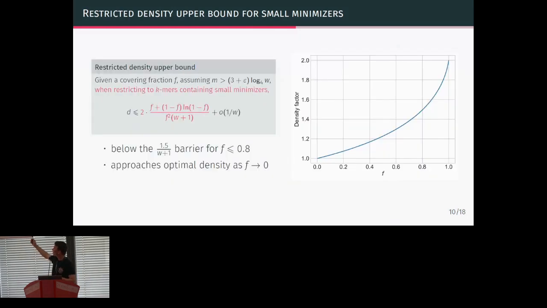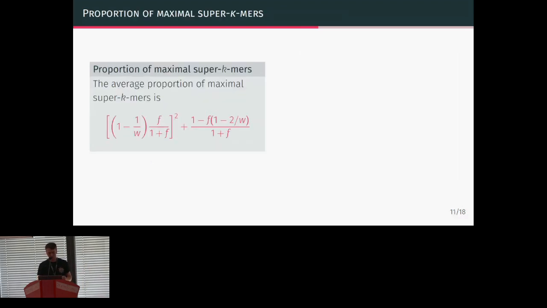And we can note that when f equals 1, we are at a density factor of 2. And once f crosses 0.8, the 1.5 barrier from the UHS is crossed already. So we are quite happy with that. And it approaches the optimal density as f tends towards 0. So we're quite happy here.